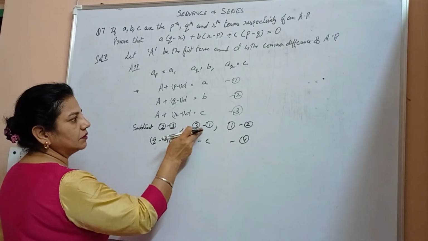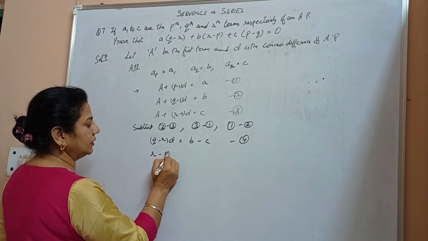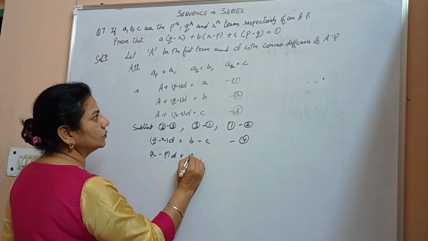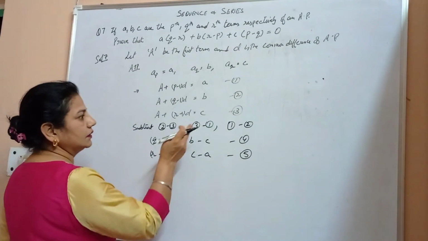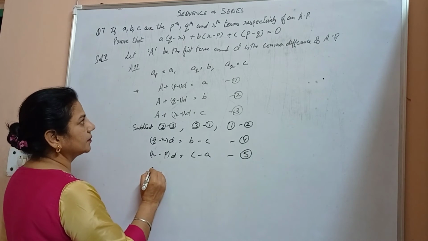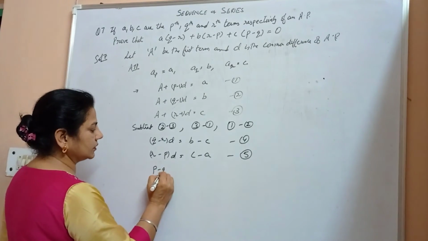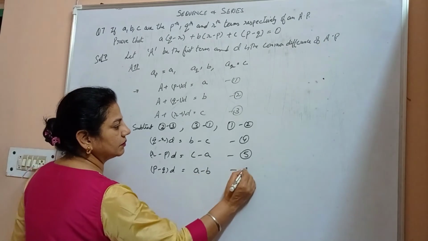Then 3 minus 1 gives (r minus p)D equal to C minus A, my fifth equation. Then 1 minus 2 gives (p minus q)D equal to A minus B, my sixth equation.